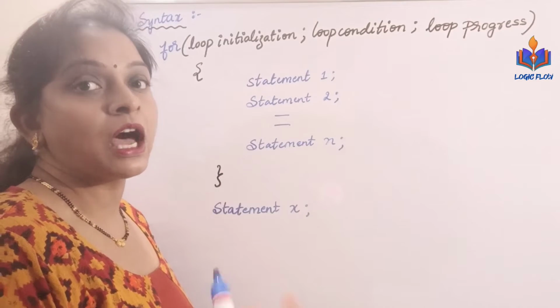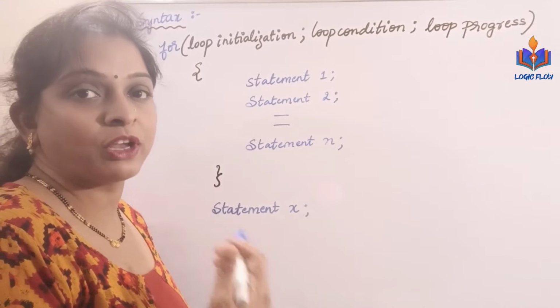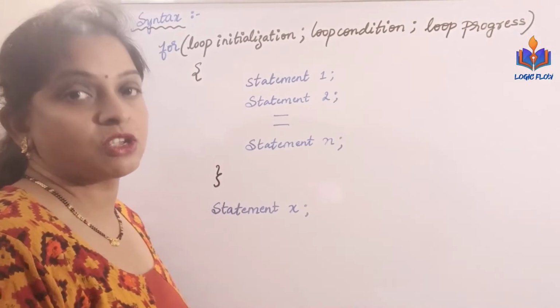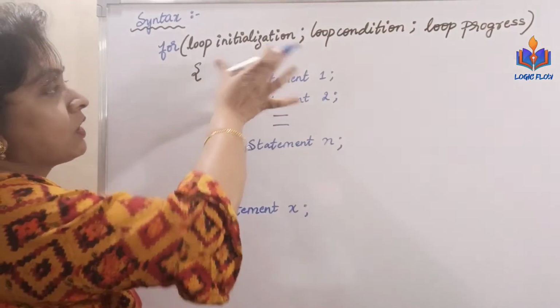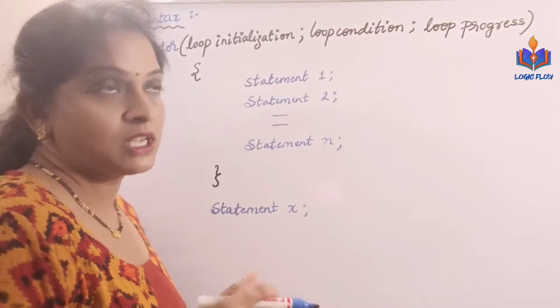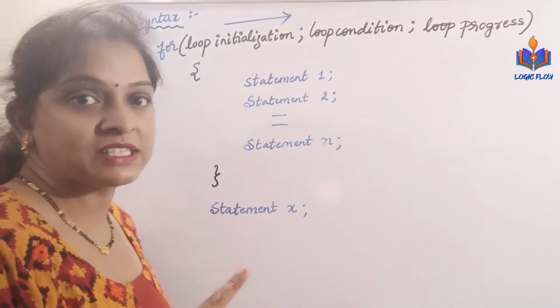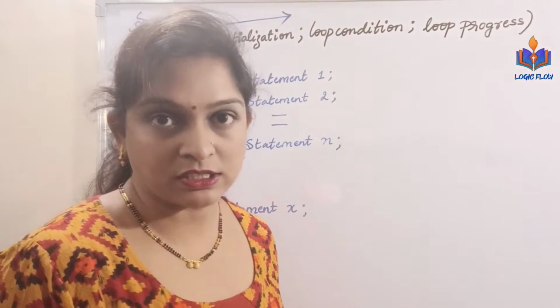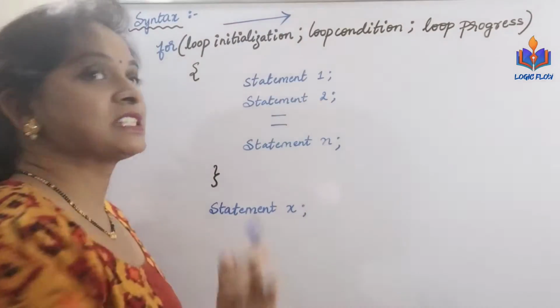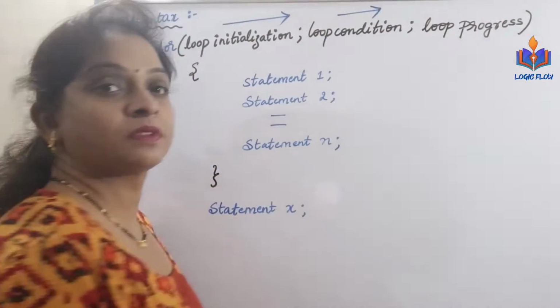So let us see how the flow will be for loop, like how the compiler is going to execute this for loop. When the compiler encounters this for loop, the first thing it will do is initialize the loop. Loop initialization is done only once. Once the loop initialization is done, it will go to loop condition.